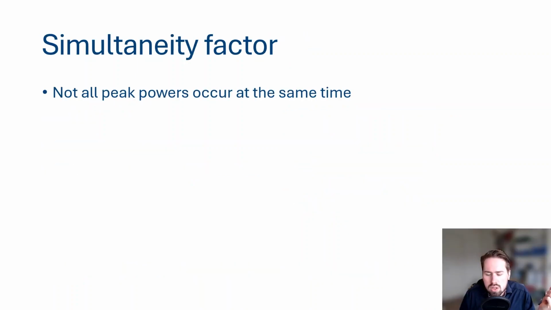So the concept is that when you have multiple units connected to a central bore field, the peak powers, the 5 kilowatts for each unit, they do not occur at the same time. Because the occupants of each apartment are also different. Some might be elder people, some might be younger, some have children, some have not. So due to this difference in occupancy behavior, the peak power is not 100% at the same time. And this is what's called the simultaneity.